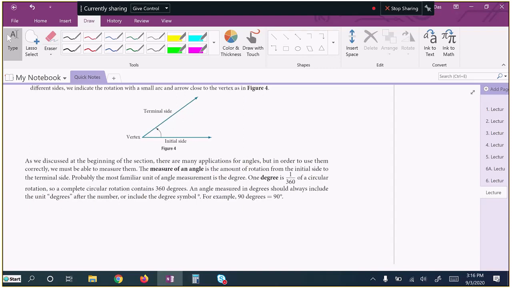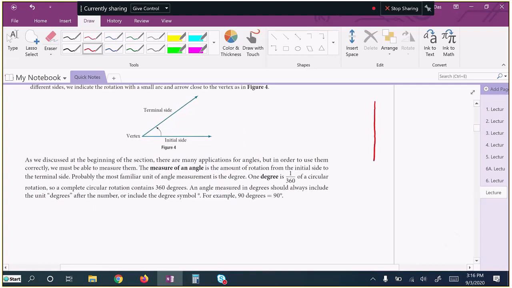What does that mean? If you think of a circle, so on my regular XY Cartesian coordinate plane, I draw a circle, and if I call this one a whole circular rotation, then 1/360th will be a very small quantity.